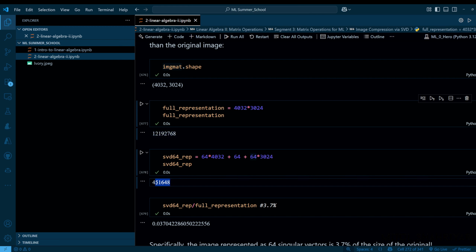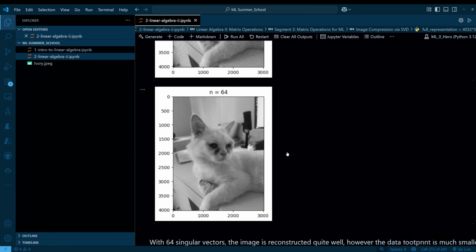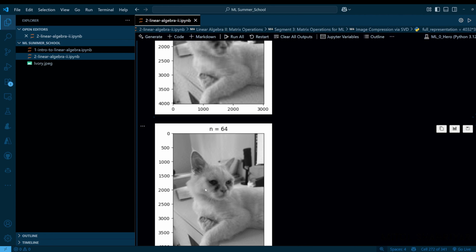That means 451,648 is actually 3.75% of this value. That means we have reduced almost 96.3% of the pixels. So we have done this calculation much more easily using SVD. We have used the singular value technique, we have just calculated that, multiplied them, and easily generated the image.